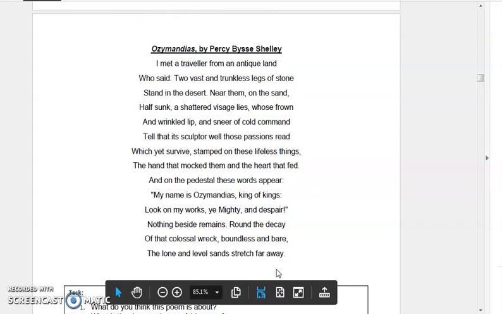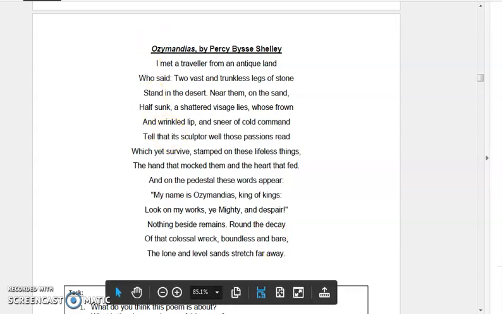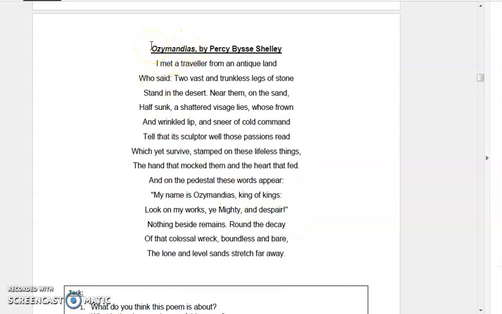And again, thinking about Shelley's personal beliefs, he had a real dislike for royalty and empires, and I think once we've read through this poem, you really understand why that is, and why he wanted this pharaoh Ozymandias, otherwise known as Ramesses II, to show why he disliked empires.